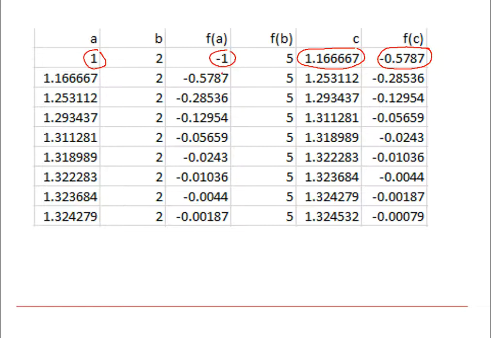So we're now at -0.5787, which means the left-hand limit can be replaced with our value of C, and the right-hand limit stays the same, and in this example we can see that it always stays the same.